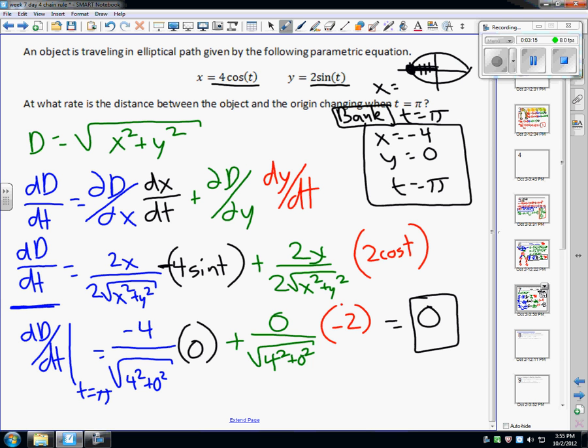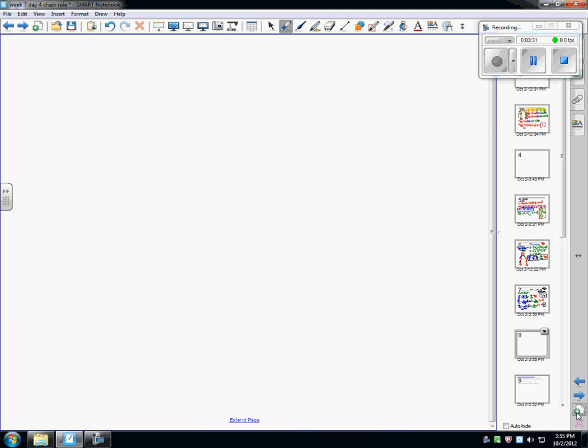Now, at first glance, you might go, wow, that was really lame or really boring. What does that mean? How does it become 0? Well, let me explain it to you visually with the orbiting. So, if you remember, 1, 2, 3, 4, or 1, 2, 3, 4, 1, 2, 1, 2. Here is my track.